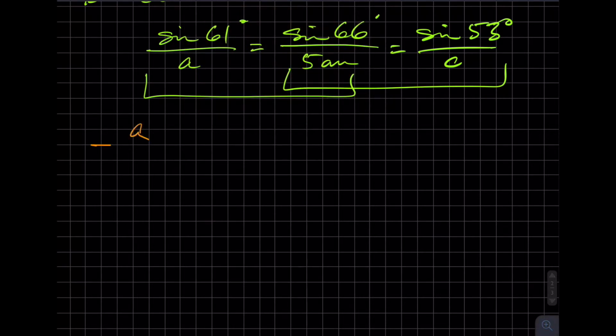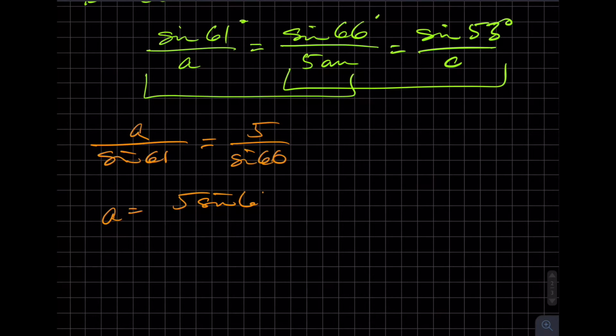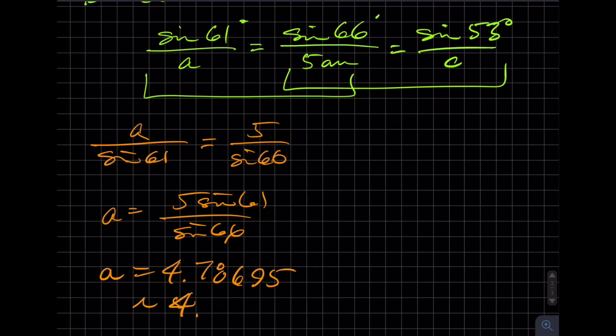ask me in class. Ask me why it works. A over the sine of 61 equals 5 over sine of 66. Multiply both sides by sine of 61, so I get a equals 5 sine 61 over sine 66. So I get a equals 5 sine 61 divided by sine 66: 4.78695, which is approximately 4.79 centimeters.